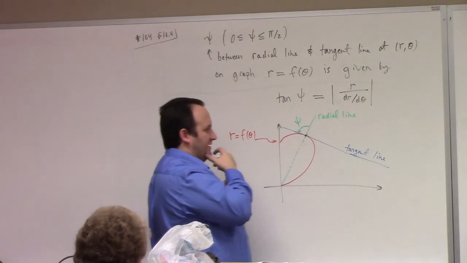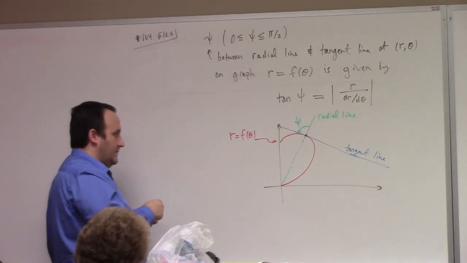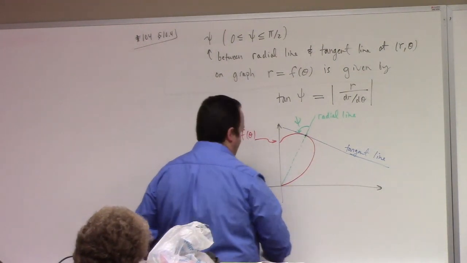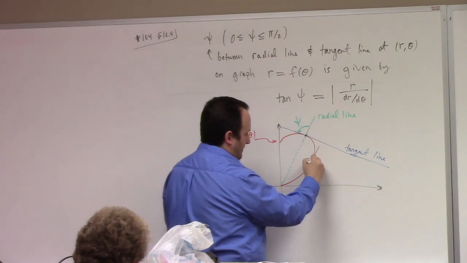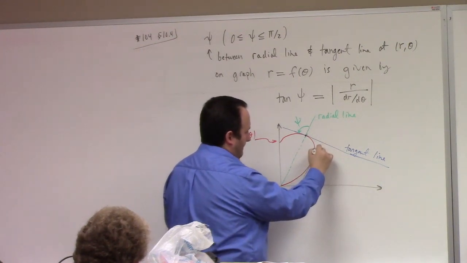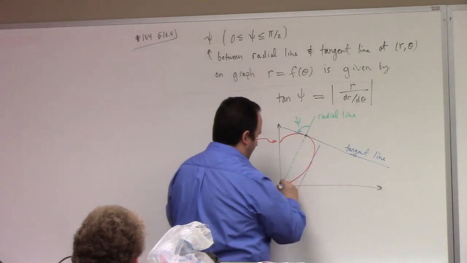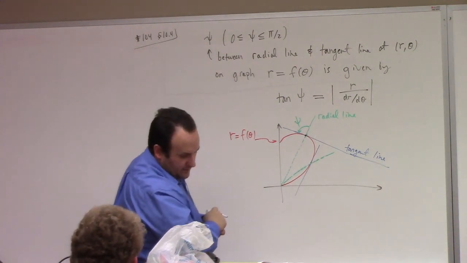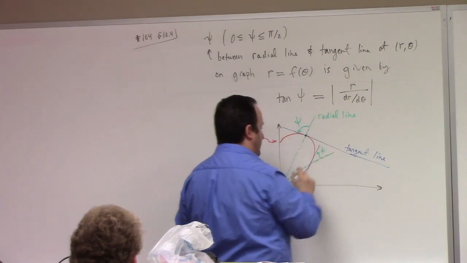In my picture, it's that. And he's picked a point down here, so let me try a different one. Like down here, we'd have this tangent line, right? We'd have this radial line. And down there, well, I guess it's the same. It looked different to me.